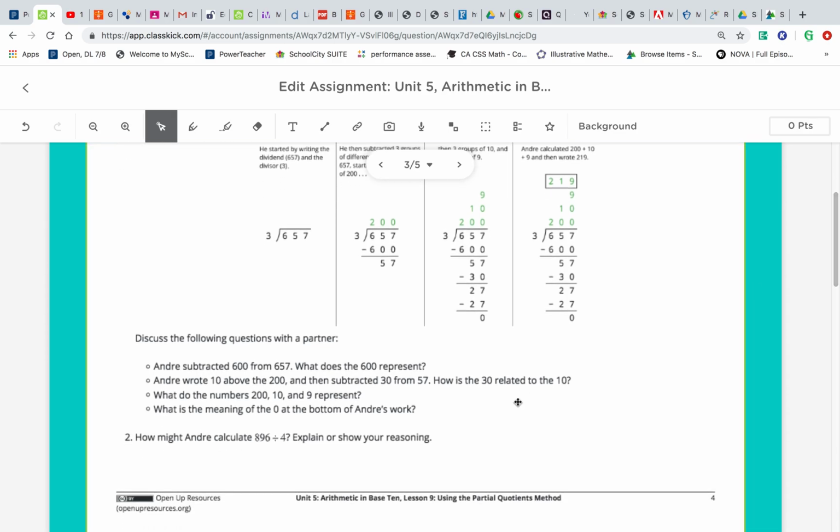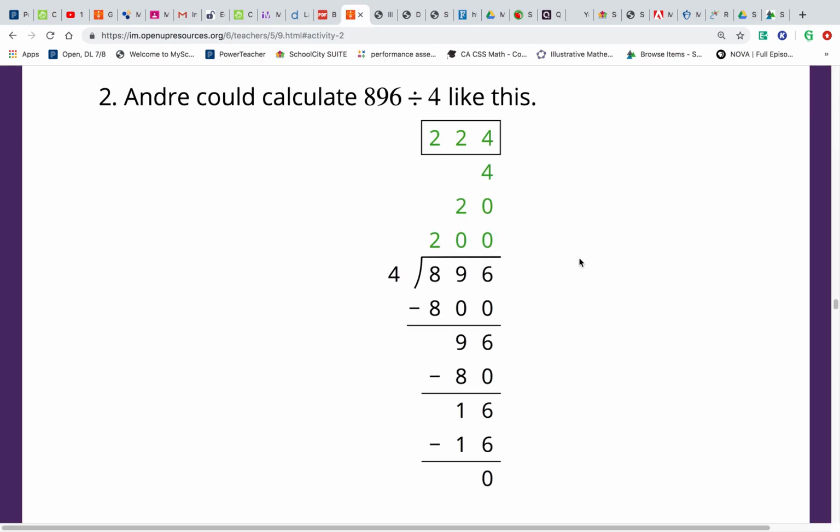All right. How might Andre calculate 896 divided by 4? Well, of course, there are a couple different ways that you can calculate this, but Andre's method, which may be different for some of you, is going to look like this. So you can see here he takes 896, breaks it down to 4 groups of 200, so 4 times 200 is 800.